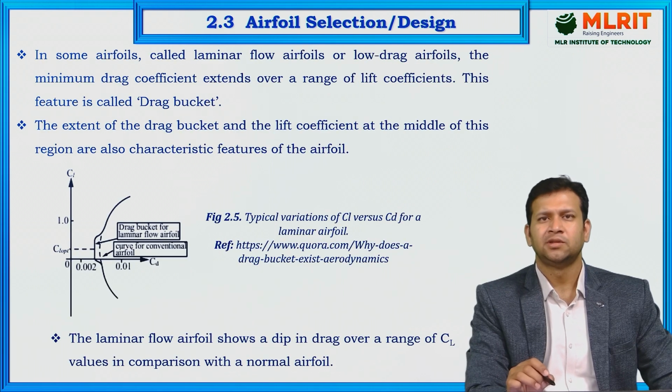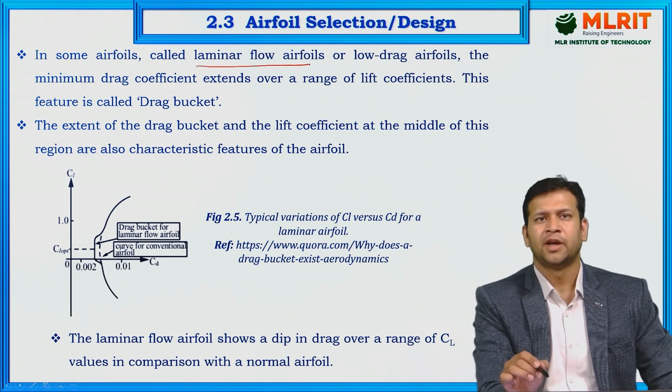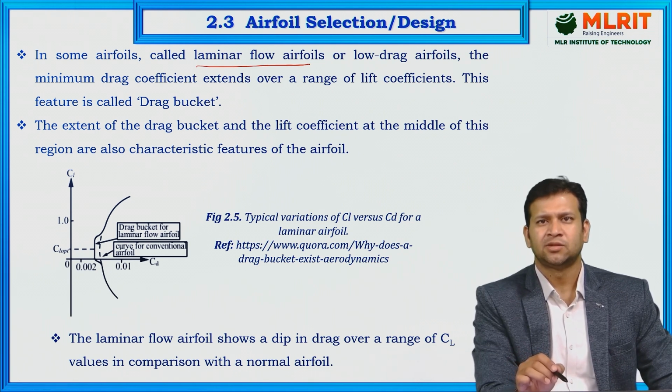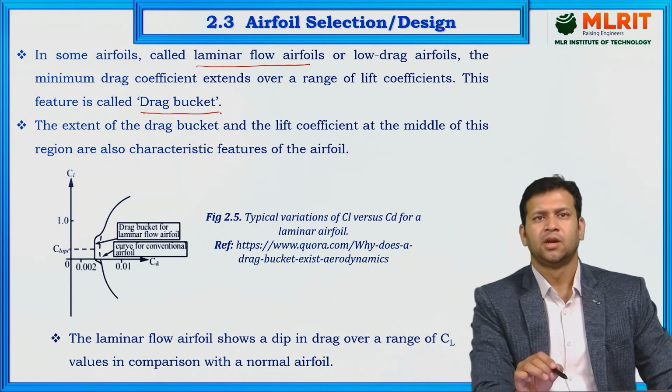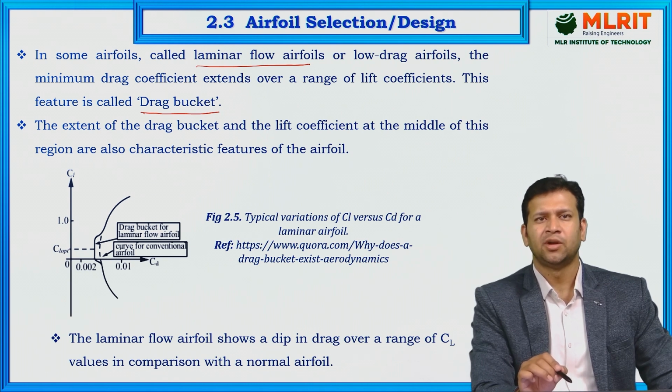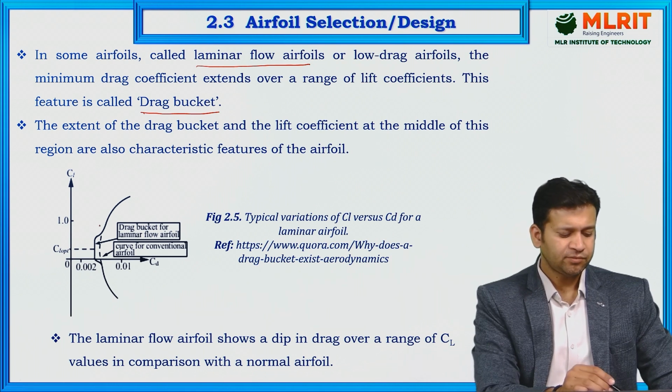In some airfoils, like laminar airfoils or low drag airfoils, the minimum drag coefficient extends over a range of lift coefficients. This feature is called drag bucket. The extent of the drag bucket and the lift coefficient at the middle of this region are also characteristic features of the airfoil. You see here in this figure, there's the CL versus CD curve.